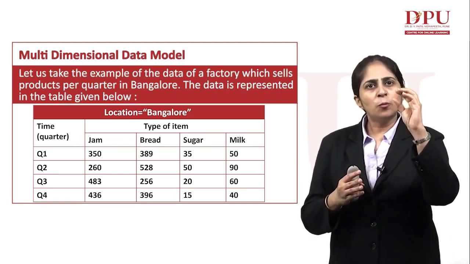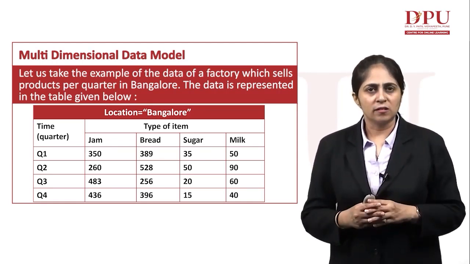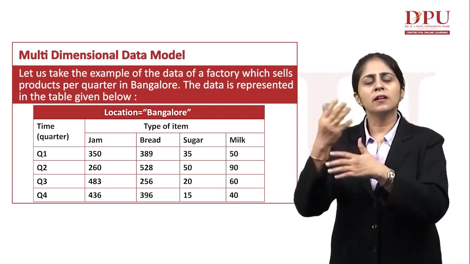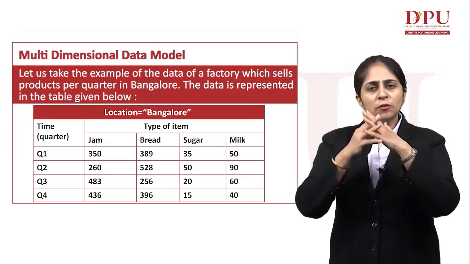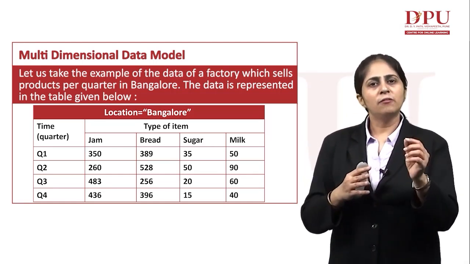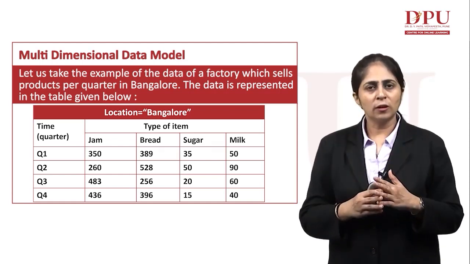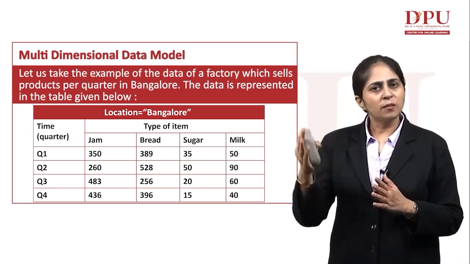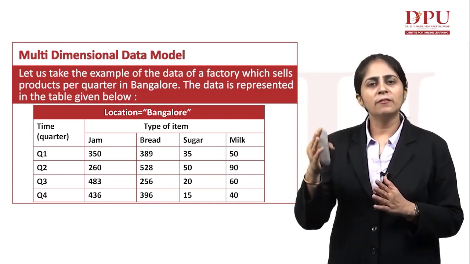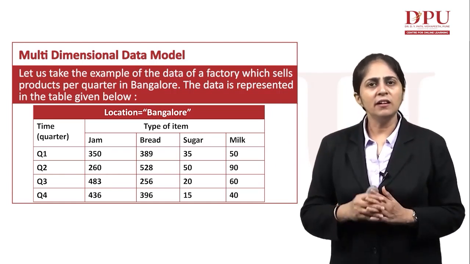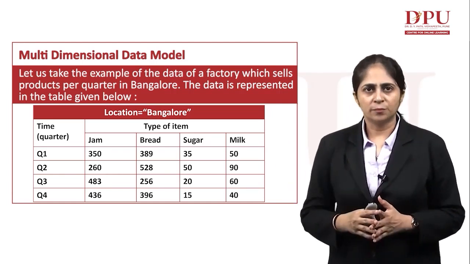Then we have divided it into quarters. We have divided our time: at what point of time, what is being purchased? So we have divided our entire year into 4 quarters: January, February, March into the first quarter, April, May, June into the next, July, August, September into the next, and October, November, December into the last quarter.